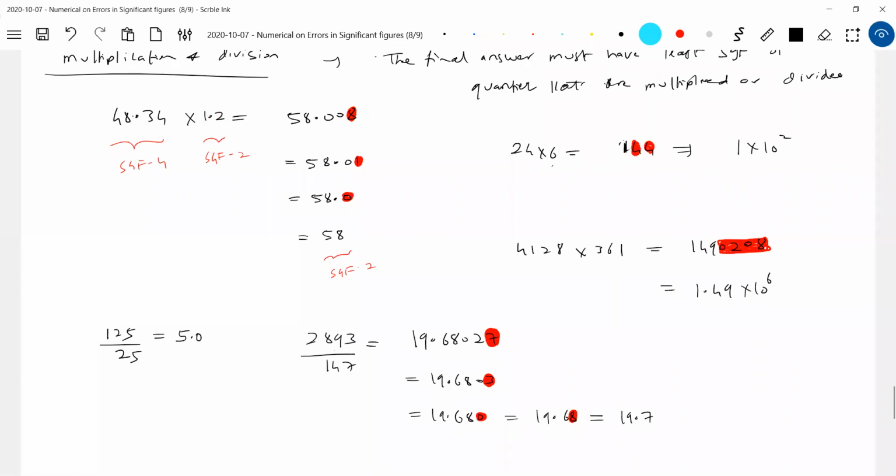Don't say, sir, 144, you wrote 100, 44 error is there, and you are telling, okay, very nice. This is one example I gave. In your practical applications, you don't write 144 as 100. I just picked up this particular thing only to implement the rules. Getting the idea?